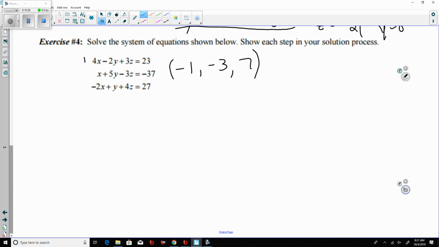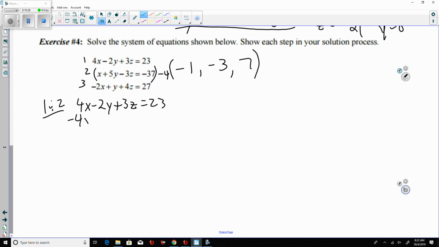Okay? So let's label these 1, 2, and 3. So let's get rid of the x's. Okay? So in order to get rid of the x's, I'm going to do 1 and 2 again. So we have 4x minus 2y plus 3z equals 23. So if I get rid of the x's, I need to multiply this second equation by a negative 4.